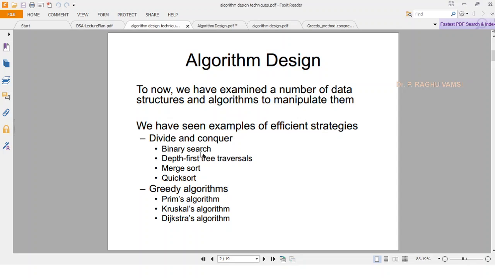In binary search, whenever you compare with the root, if the key is less than the root, you traverse the left side and half of the tree is ignored. So it is a divide and conquer method. And we have seen greedy algorithms. I have not discussed what is meant by a greedy algorithm, but algorithms like Prim's and Kruskal's fall under the greedy category.